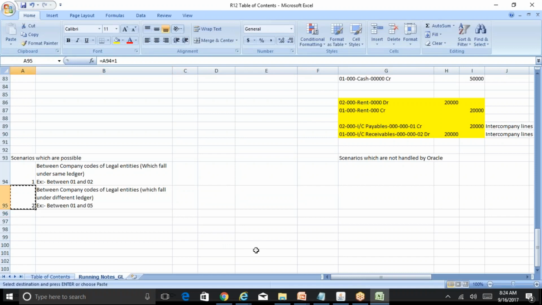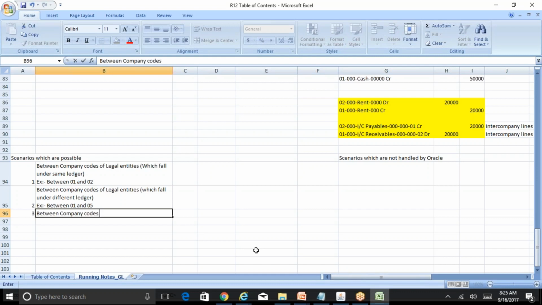And the third scenario would be between company codes assigned under a ledger. So for example, maybe we should have assigned something like 010 and 011 under the INR ledger.